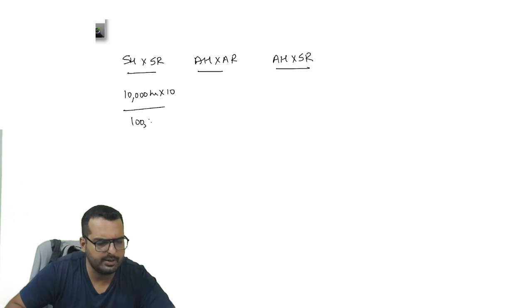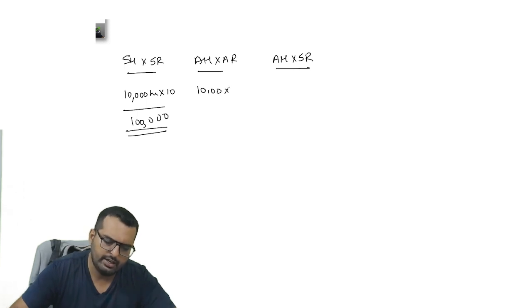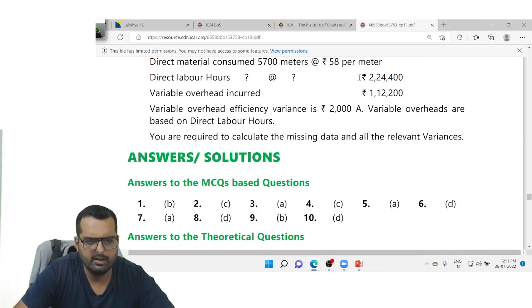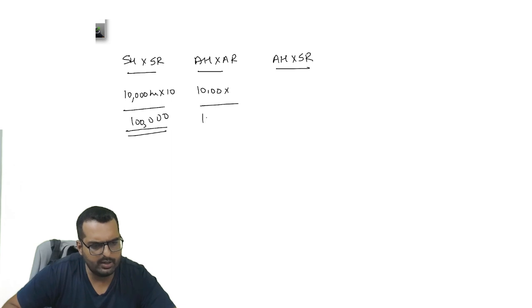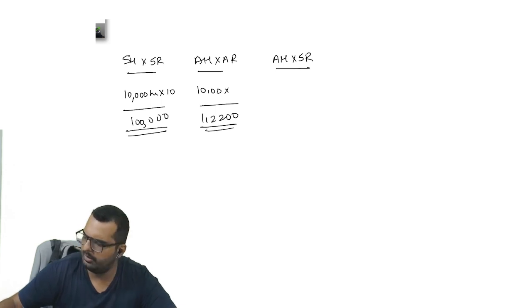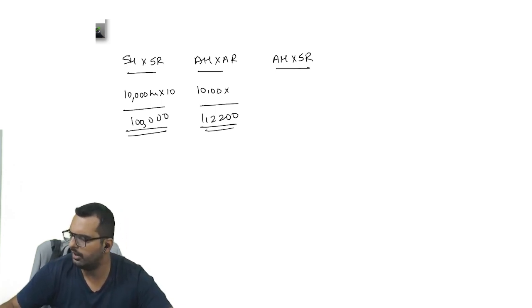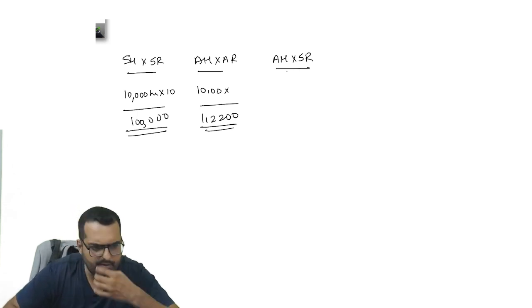That will be 1 lakh. Actual hours will also be the same, friends. Whether they have given it or not, you can cross check. It will be the same, into AR. AR we don't need, 1,12,200, right? So you can do a backward working. You don't need to do any hard work to get the AR. You'll get 11.10 over here. Am I right?